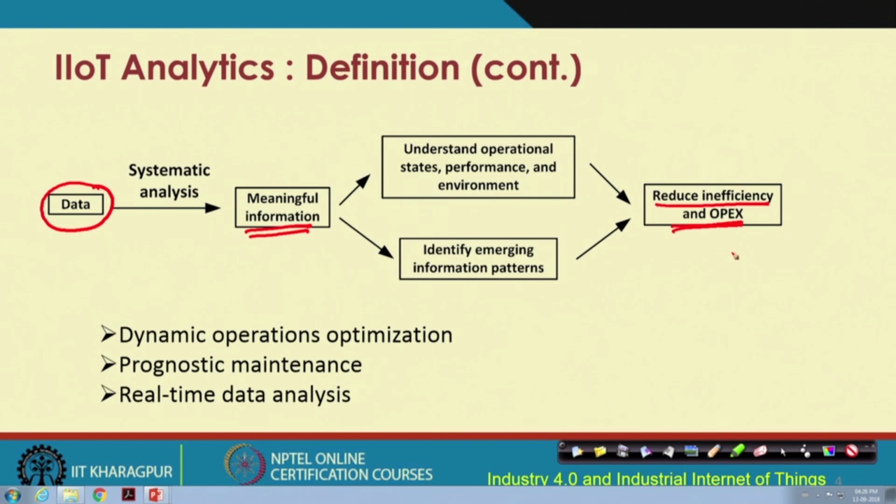So, the overall idea is we need analytics for reducing inefficiencies of all sorts, overall inefficiency of the product, the process that is being used in order to manufacture the product, and the operational efficiency and the reduction of the expenses.